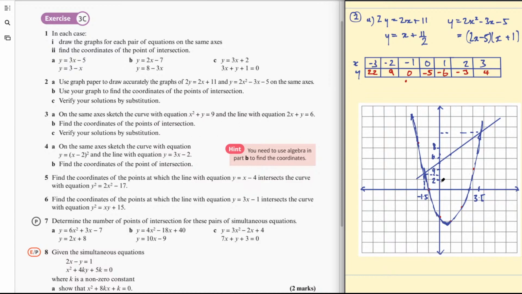And then we can check those by substituting them in. They have to satisfy both equations. So if I used negative 1.5 and 3, what would we get here? We would get 6 equal to... no. So if y is 3, x would have to be negative 2.5.